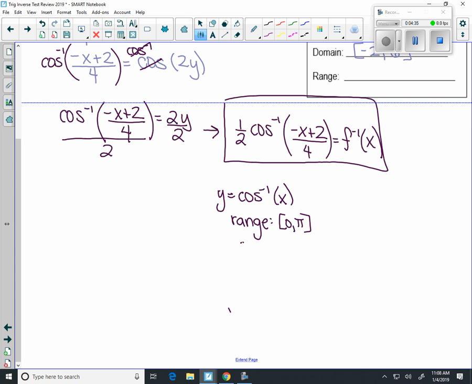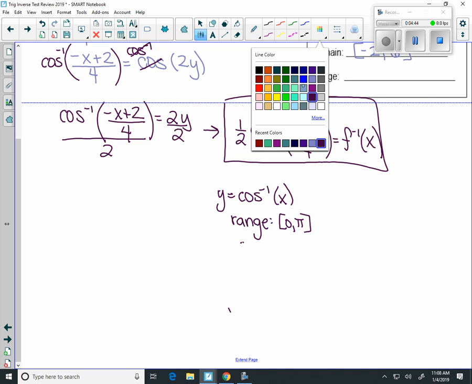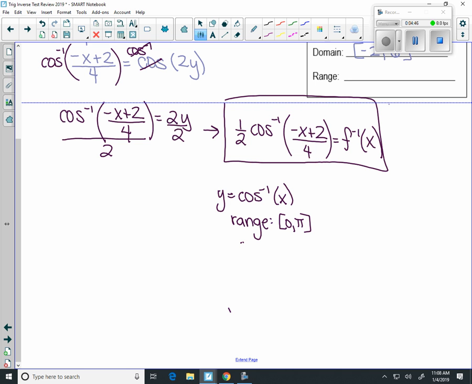Now let's look at our new equation of 1/2 cosine to the negative 1 of that mess there, and see what is going to impact our range. Well, all the stuff in the parentheses, those are horizontal changes that are happening to our cosine graph. So the only thing that impacts our range here is this 1/2 out front. That's a vertical shrink by 1/2.